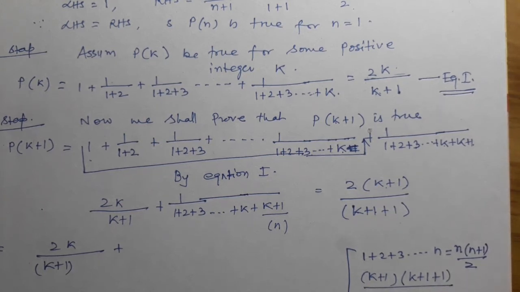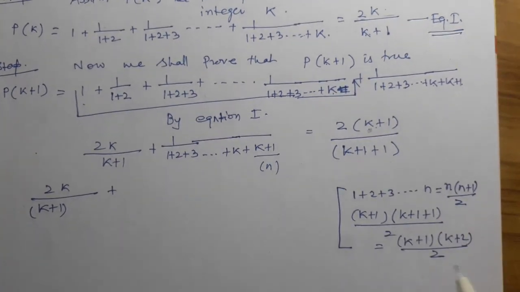So it will be k plus 1 into k plus 2 by 2, right? So at this place we are writing k plus 1 into k plus 2 by 2.